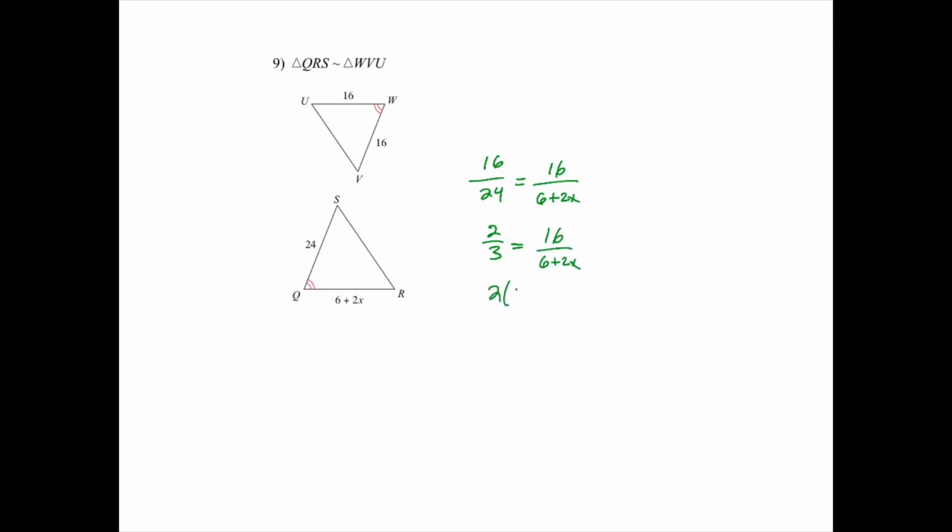Cross multiply, so 2 times 6 plus 2x equals 3 times 16. So 12 plus 4x equals 48. So 4x equals 36. And now I'm just dividing by 4, so x equals 9.